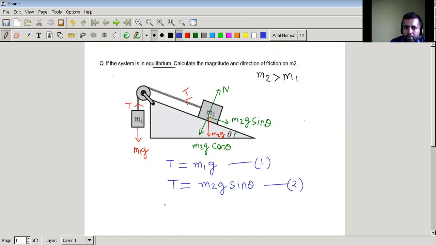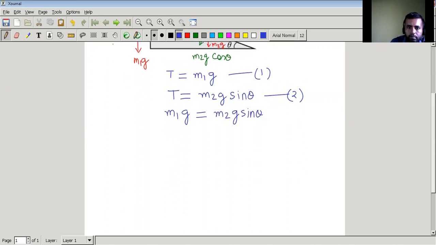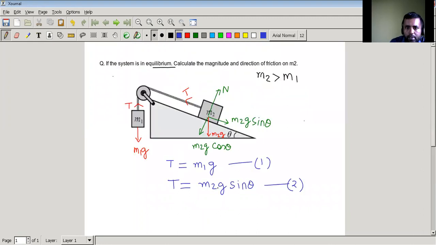In this case, M1G will be equal to M2G sine theta, and this G gets cancelled. So we have a relation that for equilibrium, sine theta should be equal to M1 by M2.